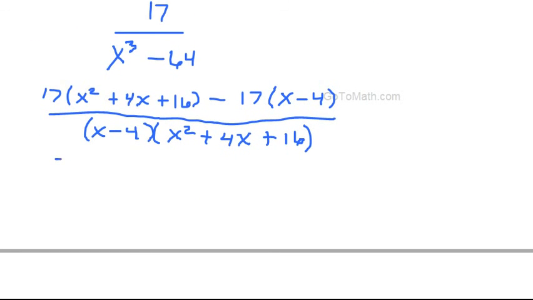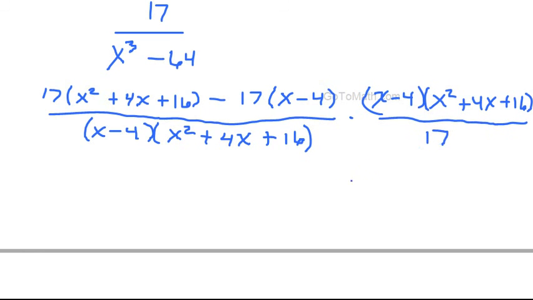And what a mess that is. And you know what? We're gonna go ahead and just write times over out here and then flip this fraction. Now this guy right here is a difference of 2 cubes, and that 64 would be 4 cubed right there. Okay, so this is going to end up being x minus 4 times x squared plus 4x plus 16, and that's going to be all over 17.